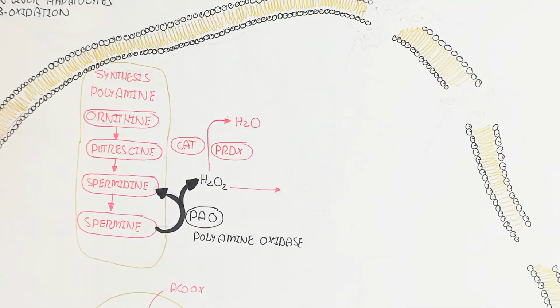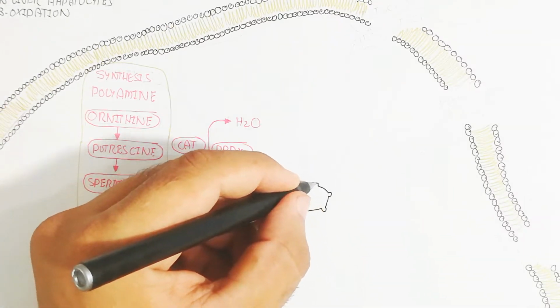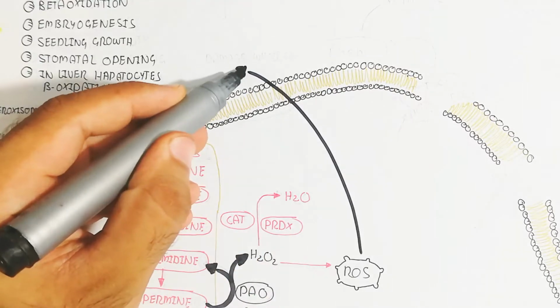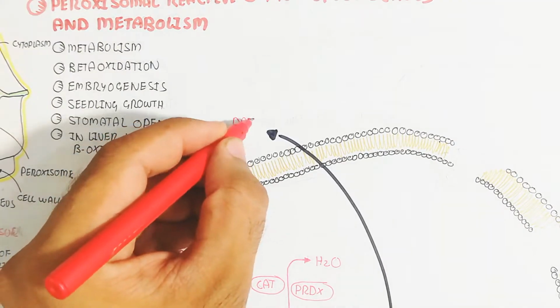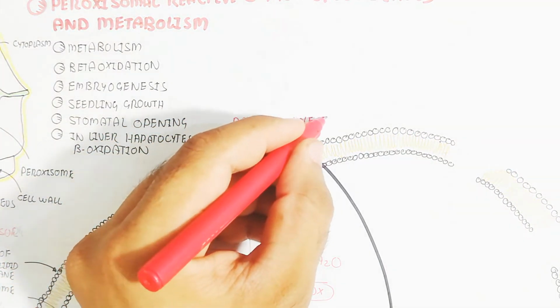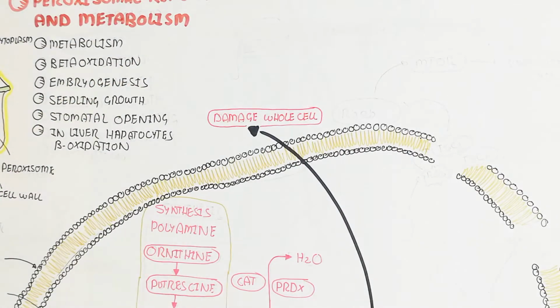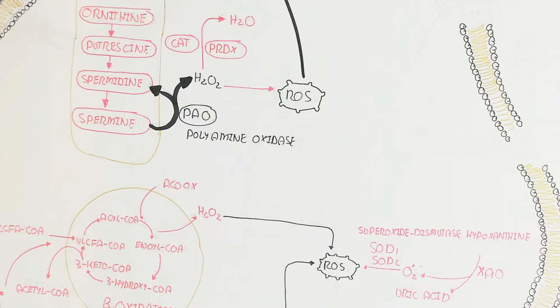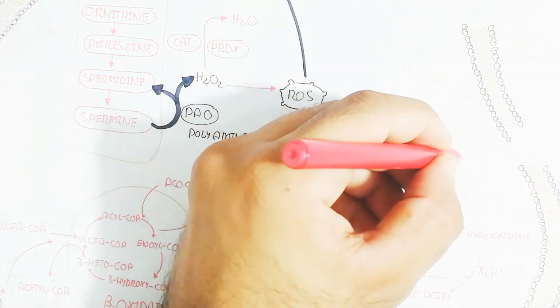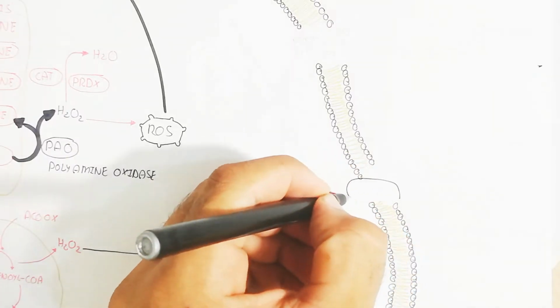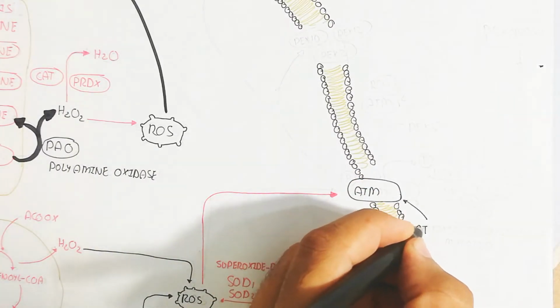But reactive oxygen species can also be formed, and this reactive oxygen species will go outside the peroxisome and damage the whole cell if excessive reactive oxygen species are produced. Otherwise, it can be converted through the catalase enzyme, and it is harmless.